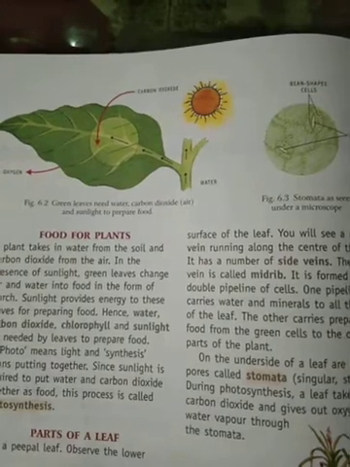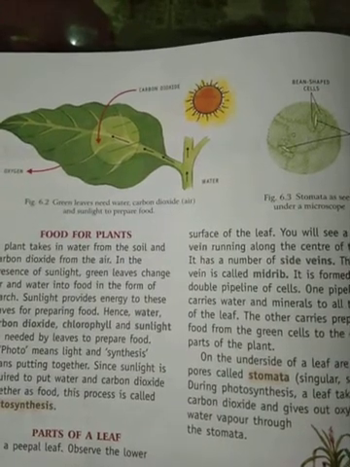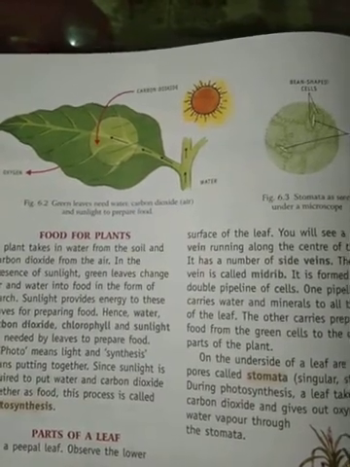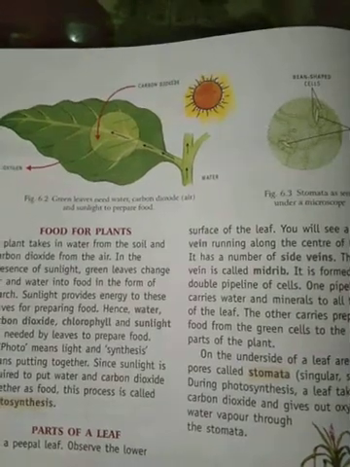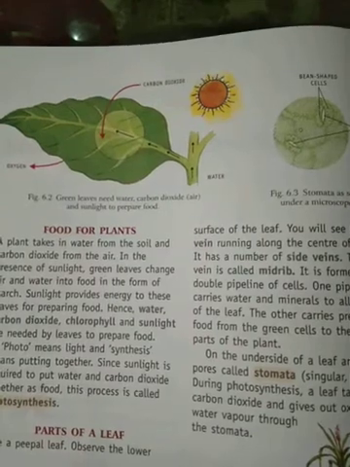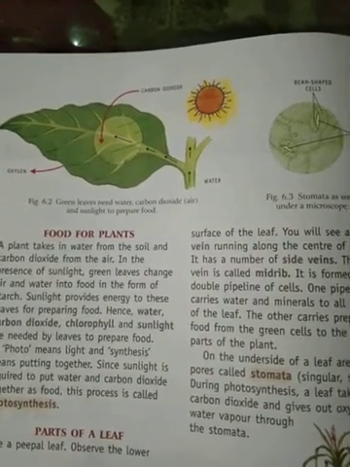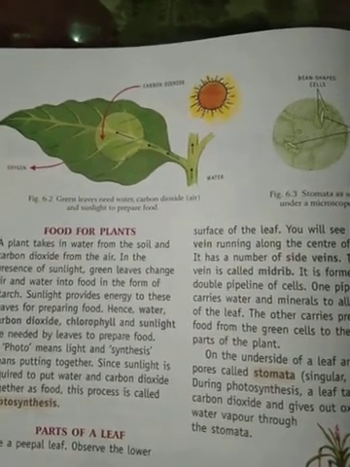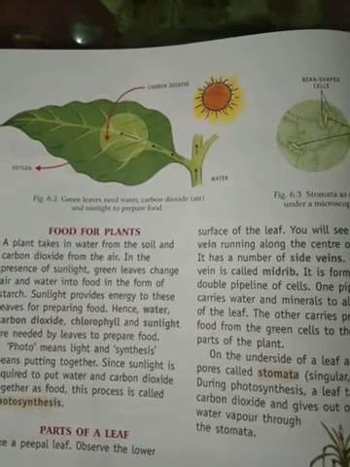I hope all of you are very much familiar with them at present. So out of all those gases only carbon dioxide is used by the plant leaf in order to prepare food.